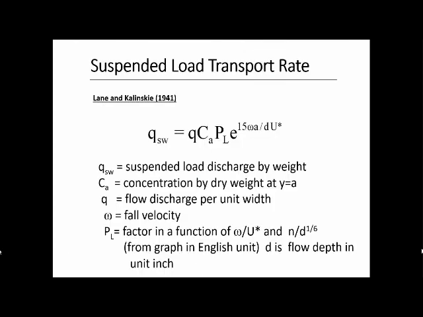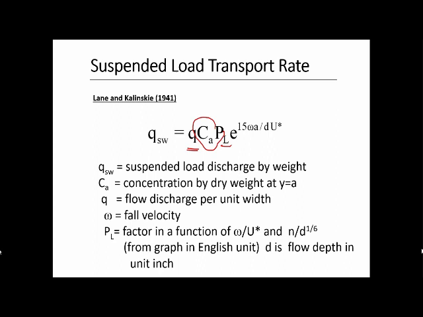So the first equation related to the suspended load transport is given by Lane and Kalinske in 1941. Okay, so if you look at this equation, it is equal to Q, the sediment discharge per unit weight, multiplied by Ca. The Ca is the concentration of the sediment at a, at the bed load thickness layer, and then multiplied by PL, the exponential term.